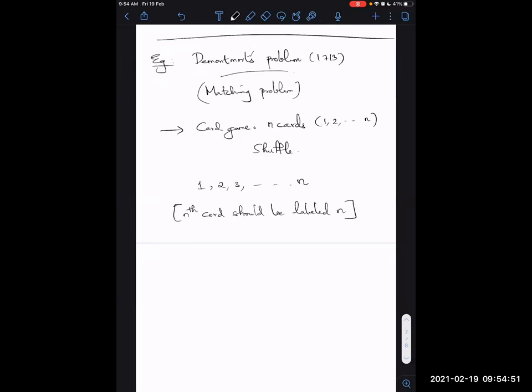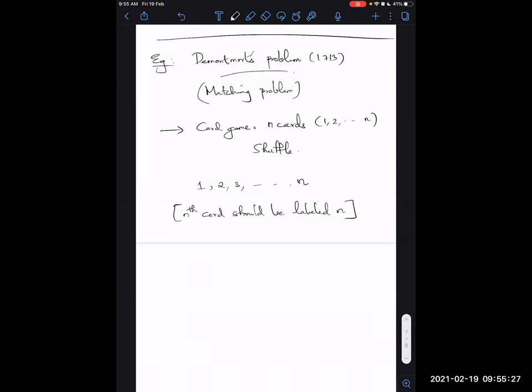So what have you done? You have n cards, you shuffle all of them, and put them on a table with backside up. So you have an ordering right now, 1 through n. Let's just, for simplicity, assume that the cards are labeled from 1 through n.